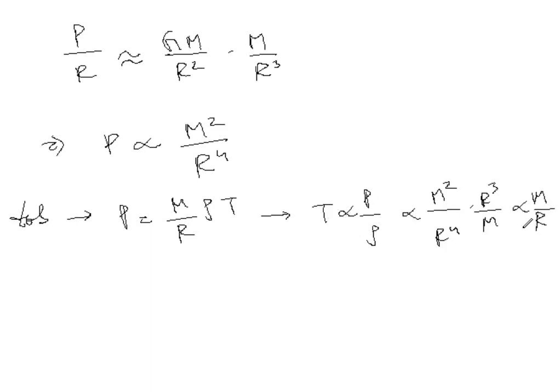Remember, we used this relation previously as well, T proportional to m by r. Now if we use this in our previous equation of radiative transport, then you will see what we get.